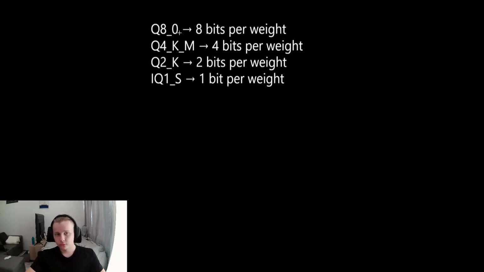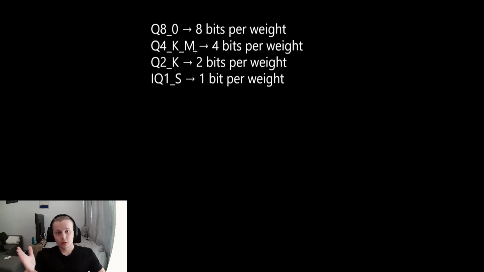Now there are a lot of things like this right here, the Q4, KM, and then there's the K, and all this stuff. But this is essentially just technology that makes it better. But let's not focus on that.